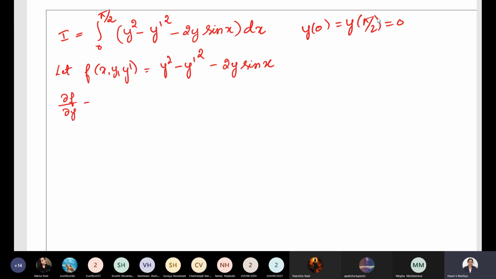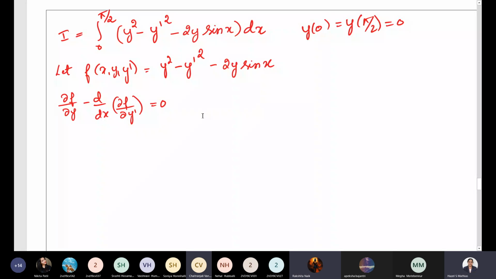Dou f by dou y minus d by dx of dou f by dou y dash equal to 0. Correct? Is it okay, everyone?